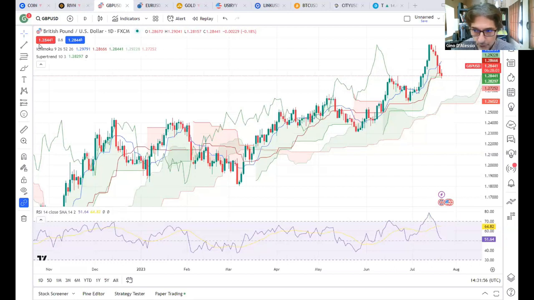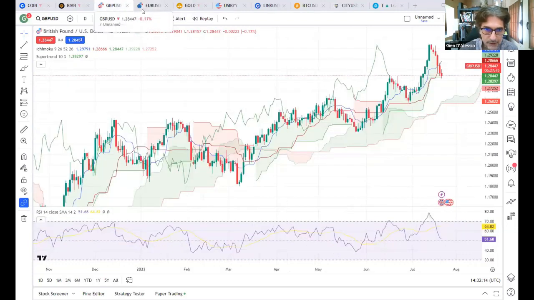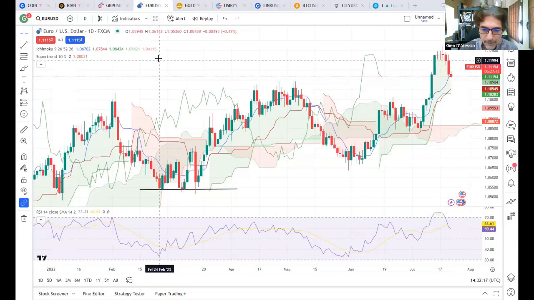Well, the truth is you're not really diversifying your risk because of the very high correlation between the euro dollar and the sterling dollar. So your risk is pretty much 2 lots short, 1 in sterling and 1 in euro dollar.